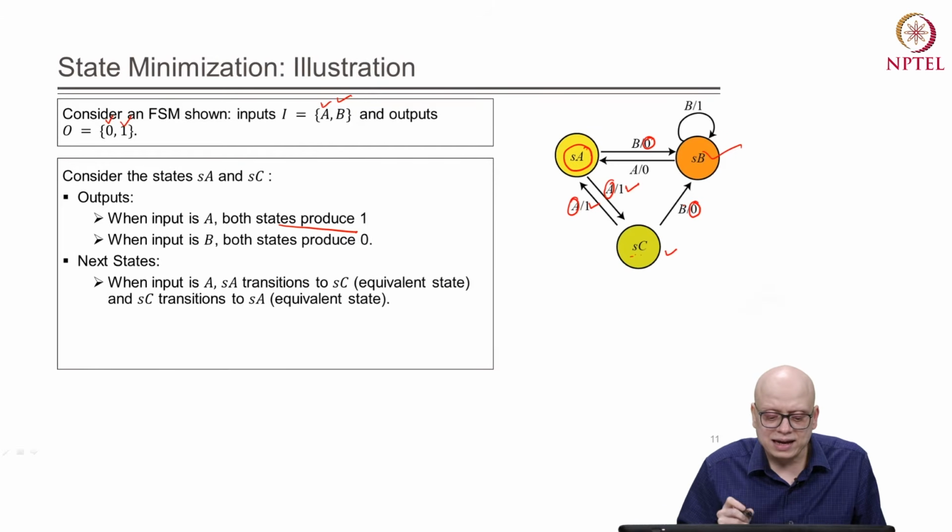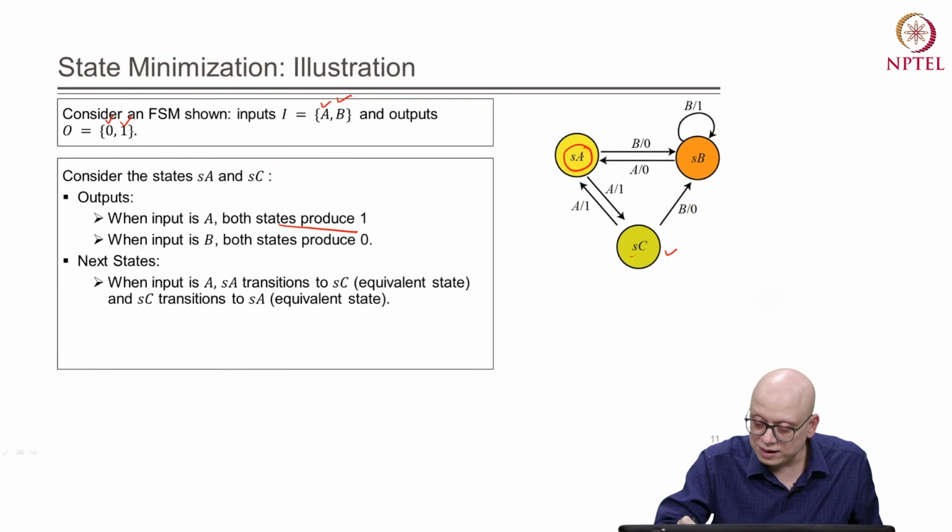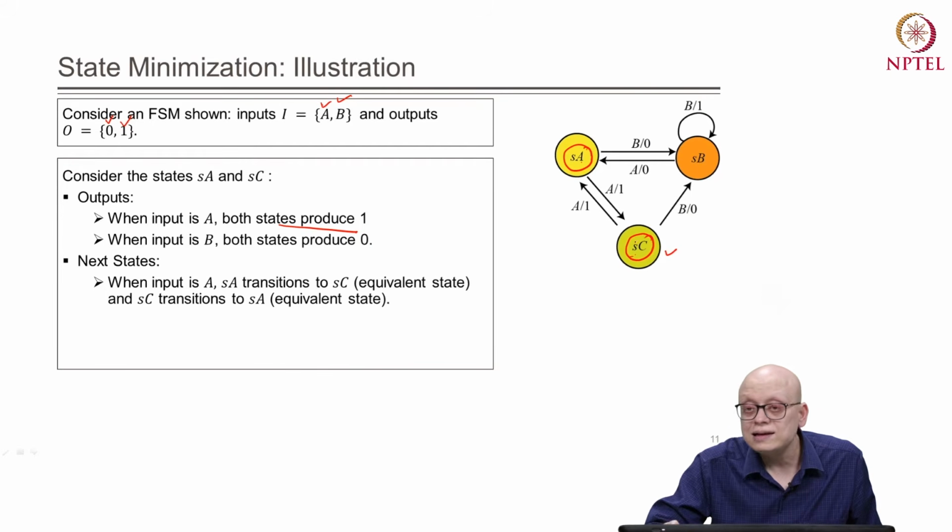When the input is A and the current state is SA, then it goes to SC, and we are considering SA and SC as equivalent. So, it is going to a state equivalent to SC. And if we consider the current state as SC and give an input A, then it goes to SA.